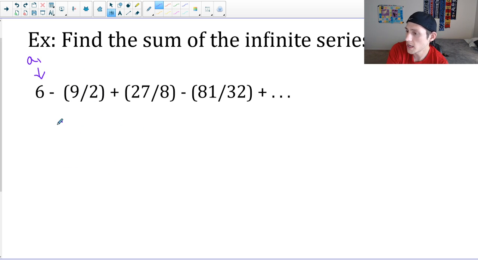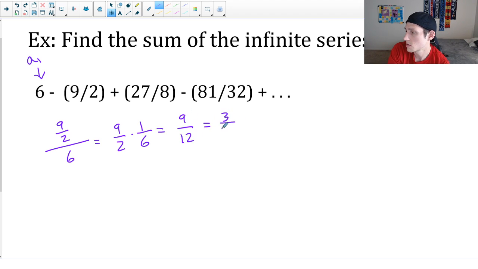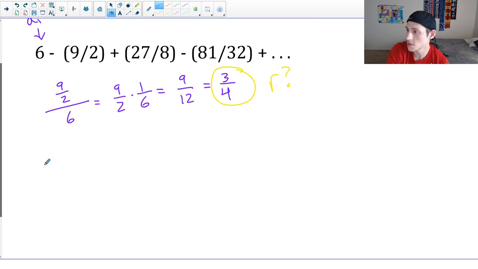All right, so I'll divide 9/2 divided by 6. So it's 9/2 times 1/6, which is 9/12, which is 3/4. Okay, now this is my potential ratio. But let me check my other ones as well, because we want to make sure that this is actually the ratio.